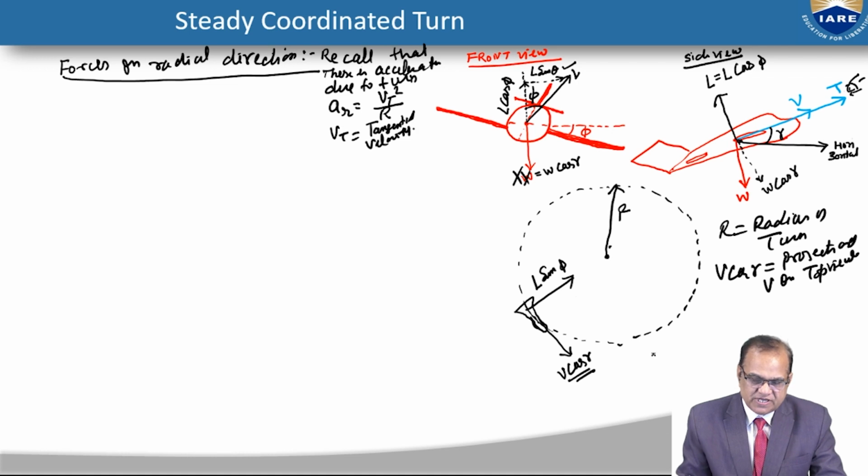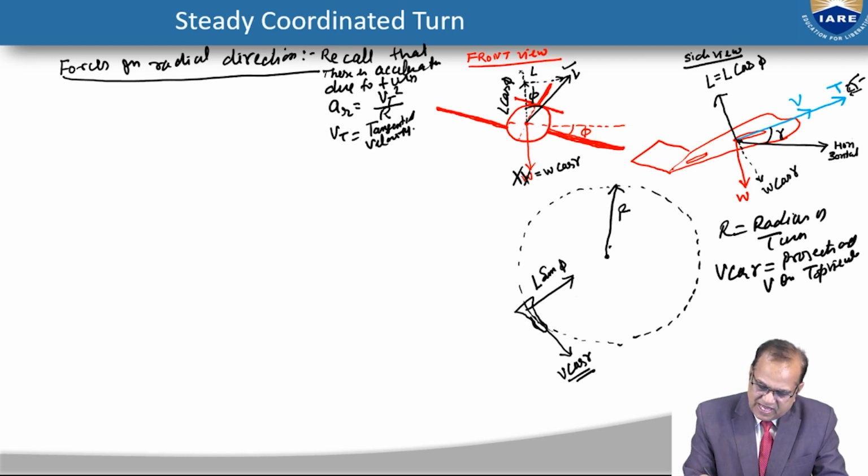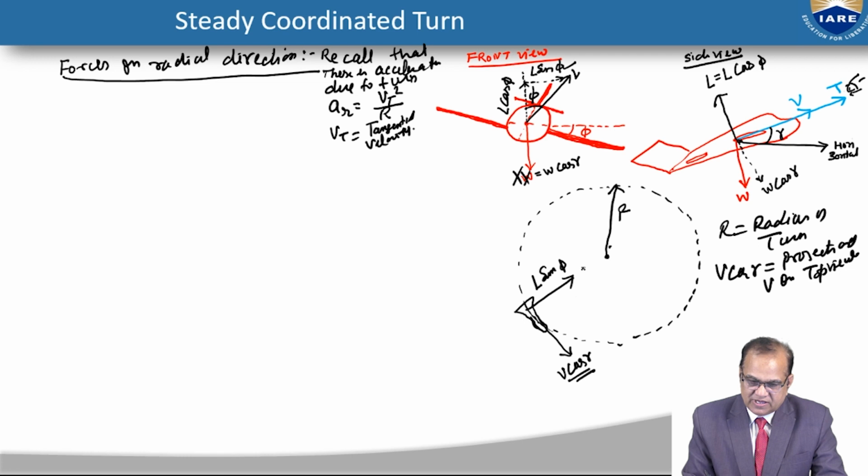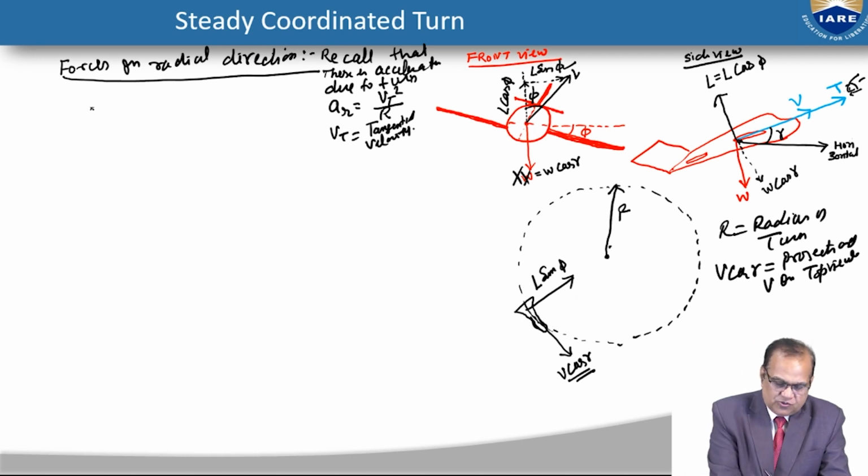So from here onwards, we will see that here this L sine phi, if you see, L sine theta not phi, it is all phi. L sine phi is equal to m into ar, and we know that ar is equal to Vt square by r.